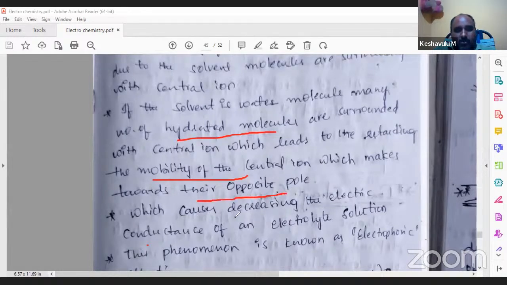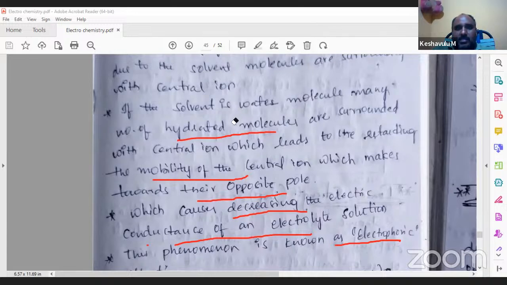This decreases the electrical conductance of an electrolyte solution. This phenomenon is known as the electrophoretic effect. In one case, the electric field decreases the mobility of the central ion; in the other, the solvent decreases it.